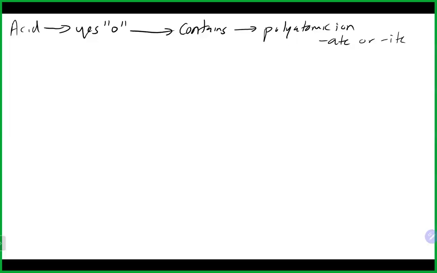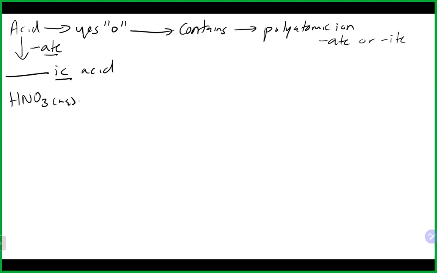If your acid does have oxygen and your polyatomic ion ends in ate, your acid name is something-ic acid. As I might have said earlier, I ate too much, I feel icky, is a good way to remember that, right?